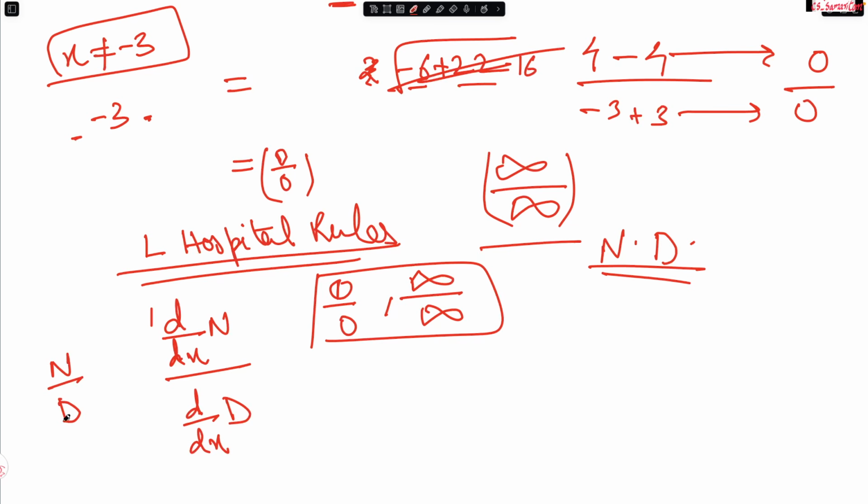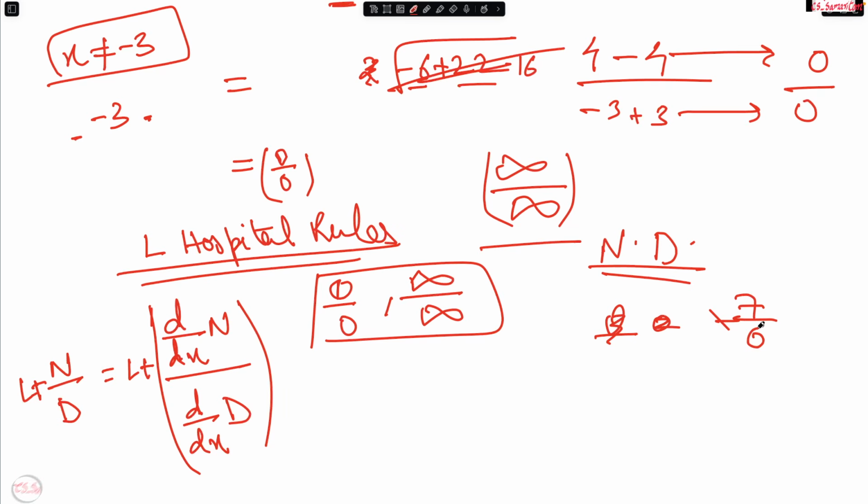The limit of N by D can be equal to the limit of the ratio of derivatives. And mind you, if it is some other format, like infinity, or any number, say 7 by 0, then you cannot apply this rule. This is only for these two formats.